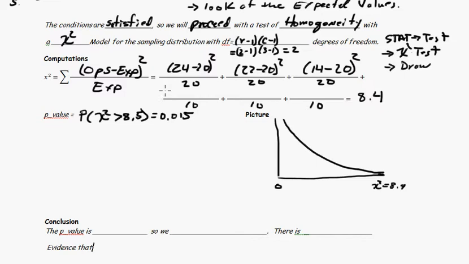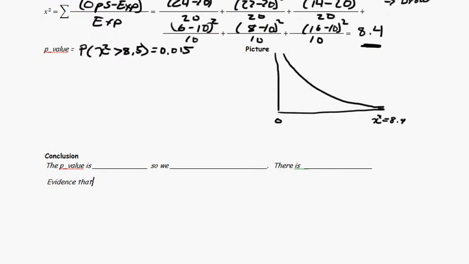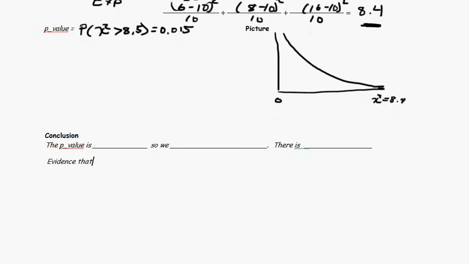So I got 6 minus 10 squared divided by 10, 8 minus 10 squared, and 16 minus 10 squared. If you write all this, and then for some reason you make a mistake, you'll probably still get full credit because they know it's just a calculator error.